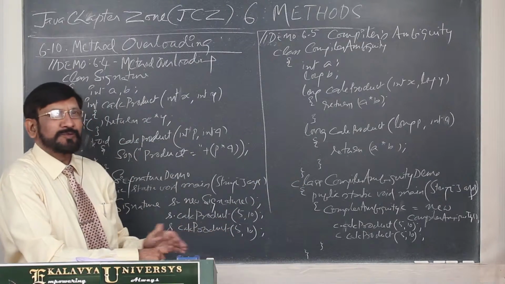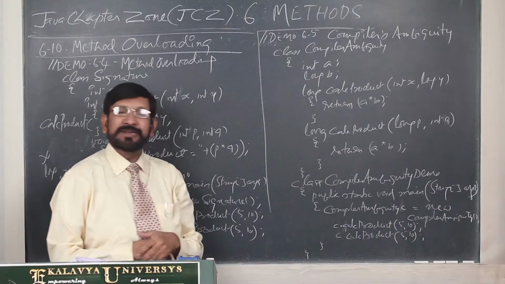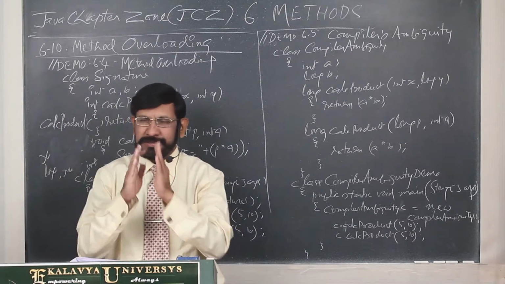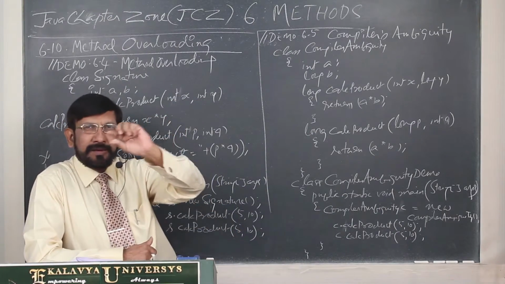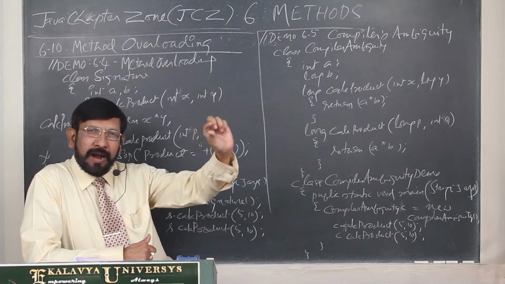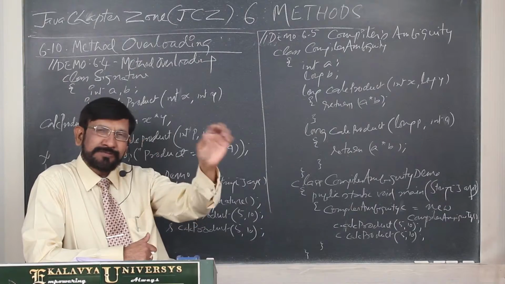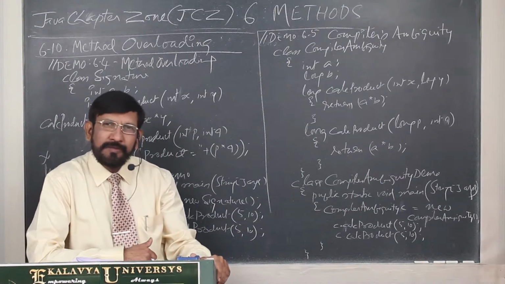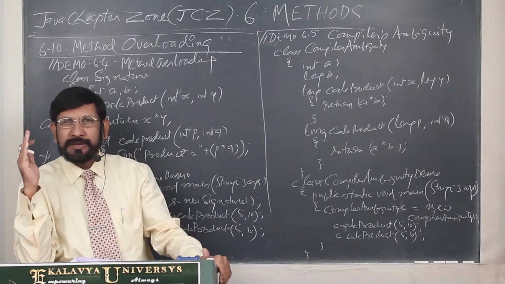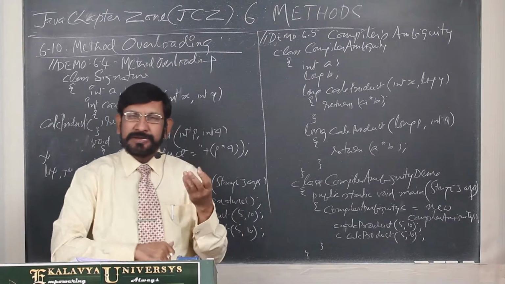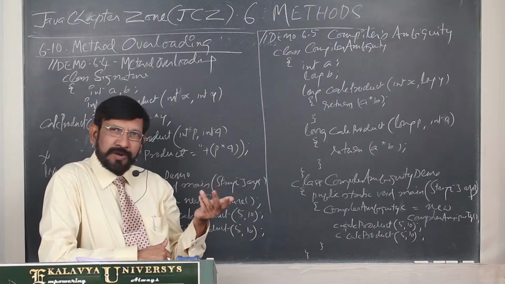Like that, here also we take the signature. Signature means, simply understand one thing: the name of the method and the list of the types of arguments, the list of the types of parameters. Now in the same example, what is the signature? The signature is calculateProduct int.